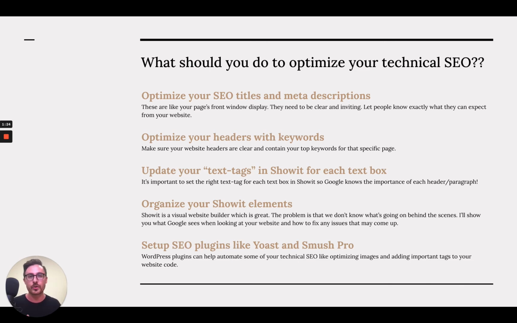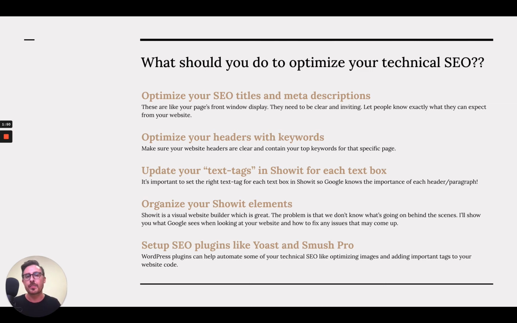So if you go to Google and you type in a keyword and you see all those titles and little descriptions that show up, and you're able to click on any choice that you would like, those are SEO titles. And they're important because we want to make them optimized for the human eye so that people feel excited to click on it. We want it to be clear about what they're about to click on before they even go to your website.